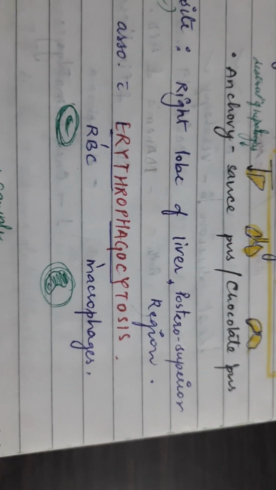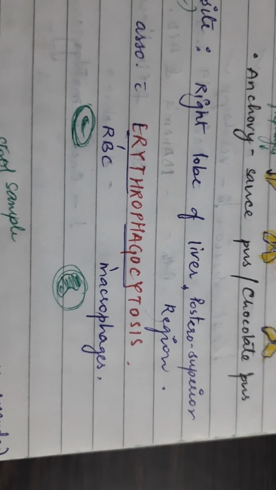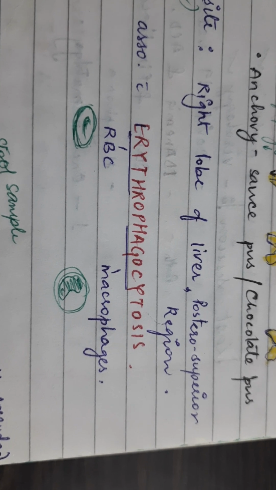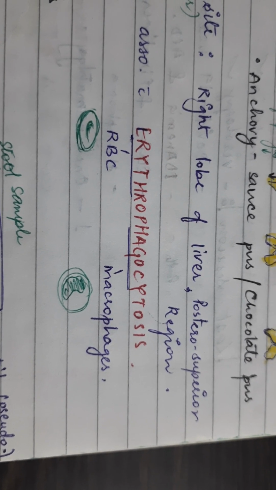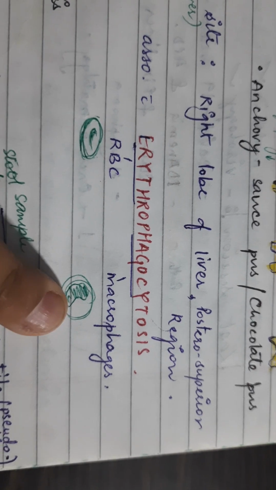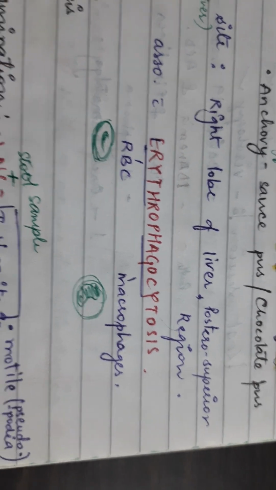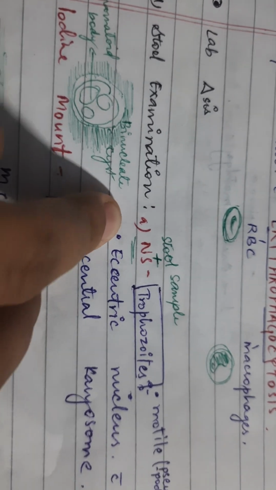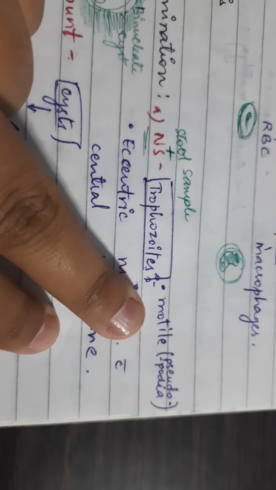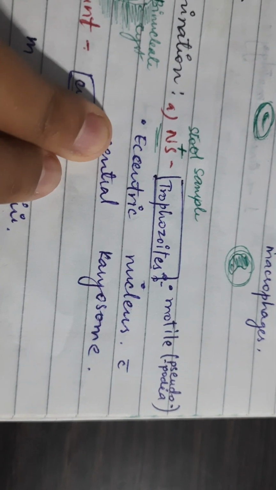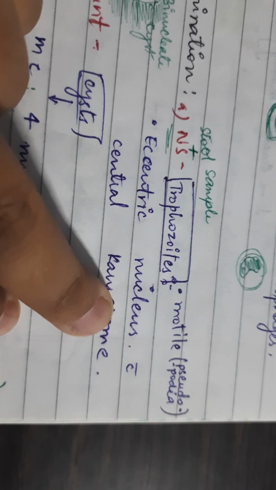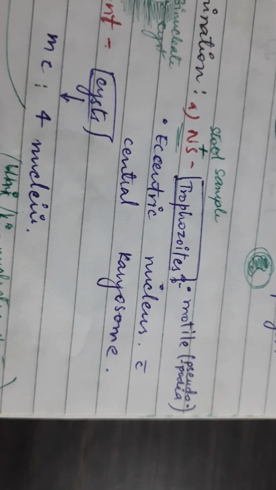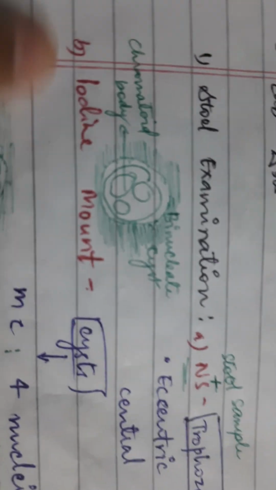Then microscopy is associated with erythrophagocytosis, RBCs phagocytosed by macrophages. Then lab diagnosis: stool examination, a normal stool sample plus normal saline shows trophozoites. The motile form with pseudopodia is seen, with an eccentric nucleus and central karyosome.